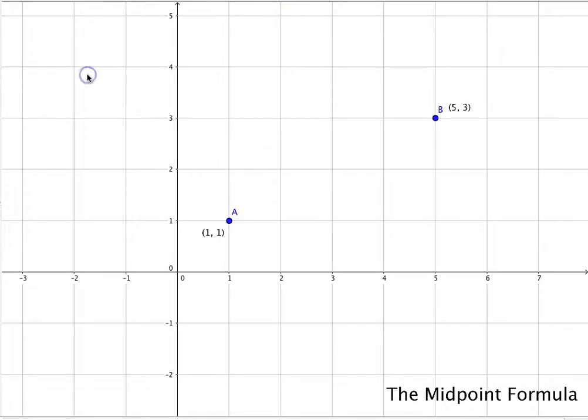Now, I'm going to insert a segment here, and the midpoint formula is going to be for finding the middle between two things, but really it doesn't even have to be a segment. It could be a line.